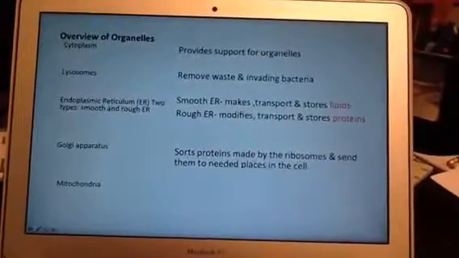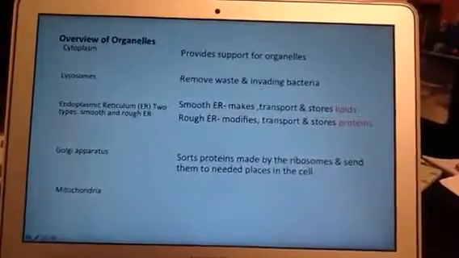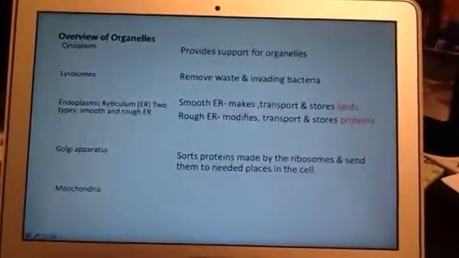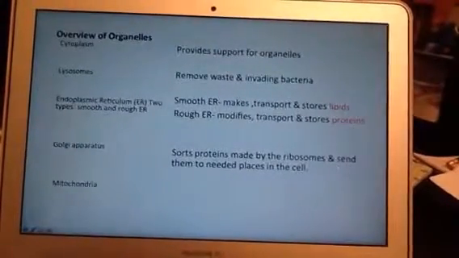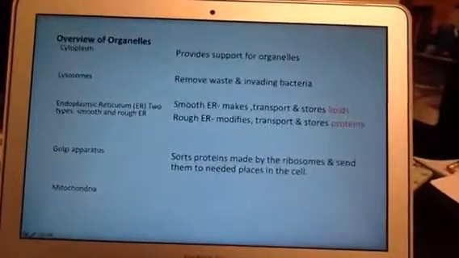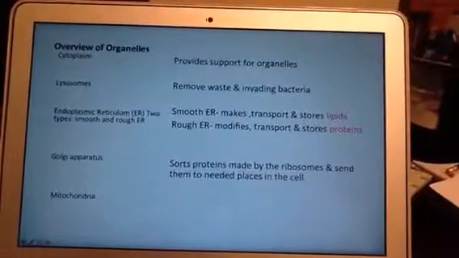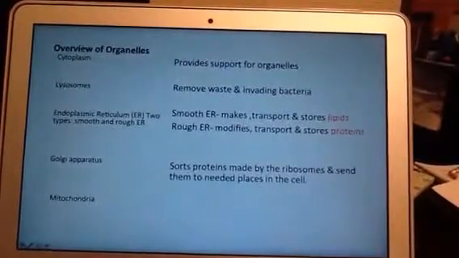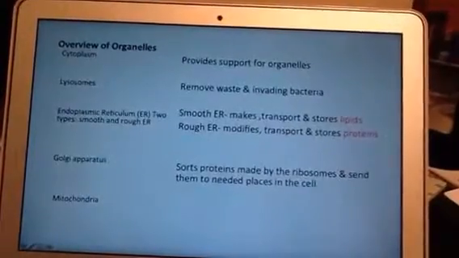The Golgi apparatus sorts proteins made by the ribosomes and sends them to the needed places in the cell, so you can think of the Golgi apparatus as the warehouse of the cell, or the UPS of the cell, because it receives proteins on one side and delivers proteins on the other side.